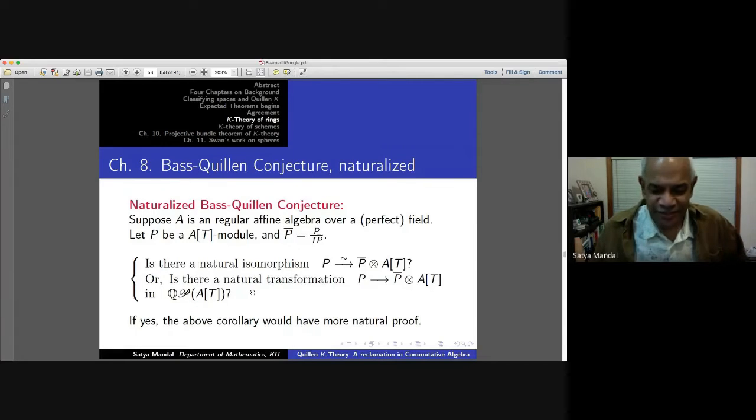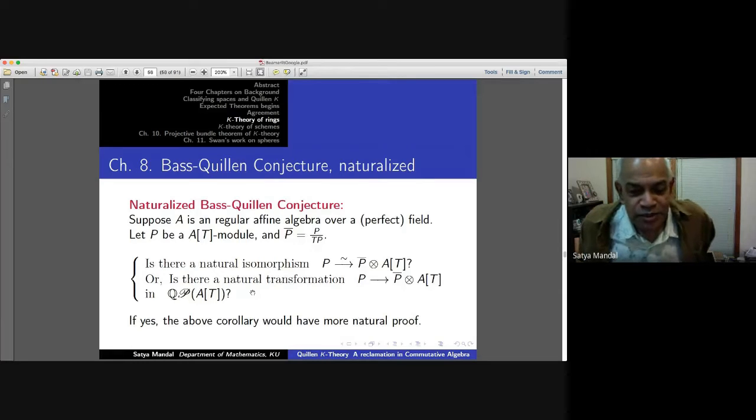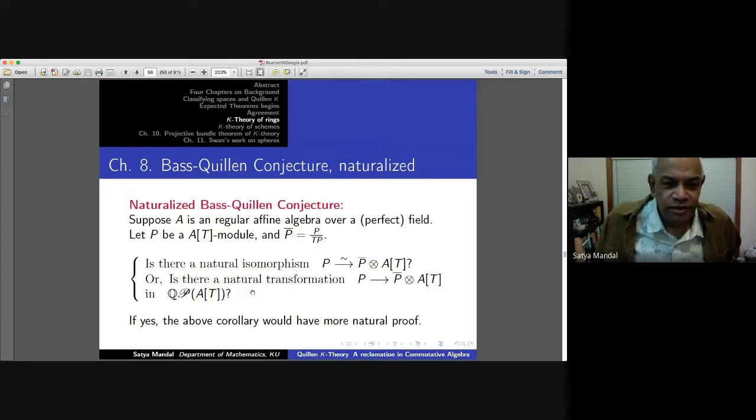Now this is a question, maybe for now. Can you use Lindel's theorem to prove this theorem? Projective modules are extended over a regular ring. But you have not proved that this is an equivalence of categories.